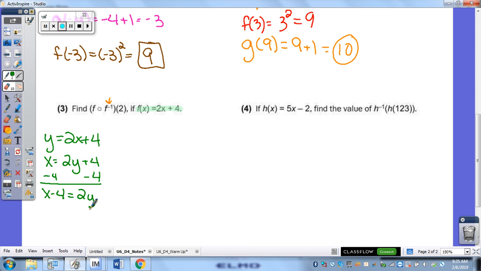So x minus 4 equals 2y. Divide by 2. So I'm just going to leave it as x minus 4 all over 2 equals f to the negative 1 of x. We now have our inverse function there.